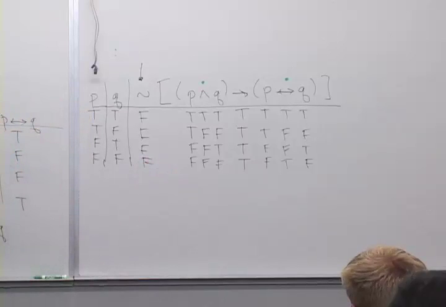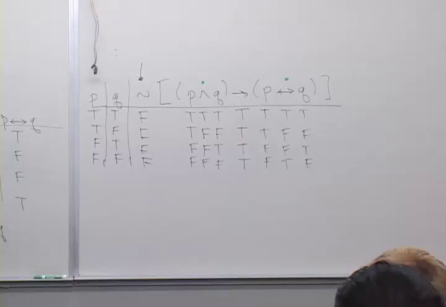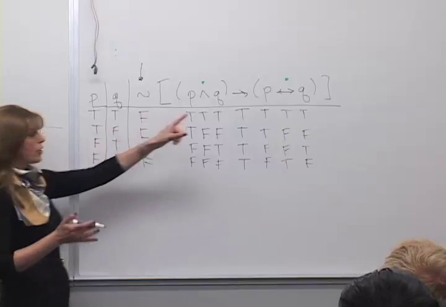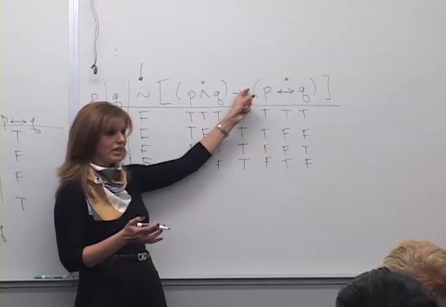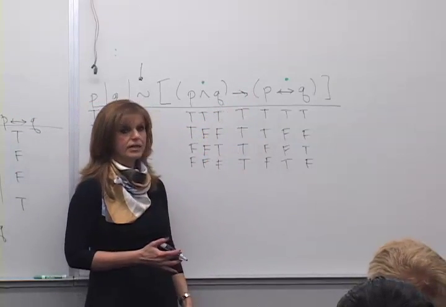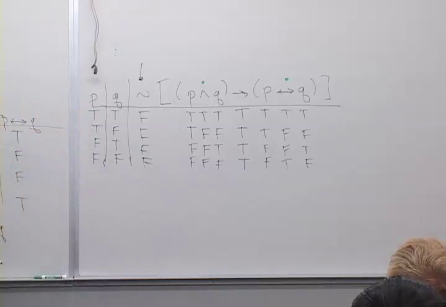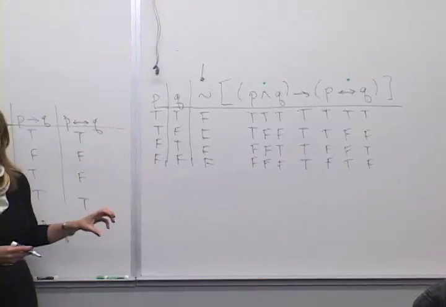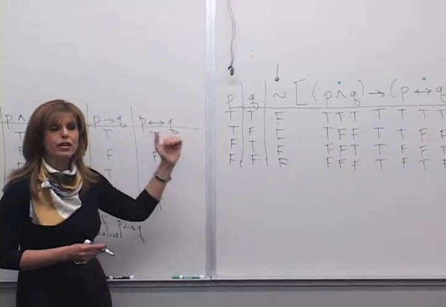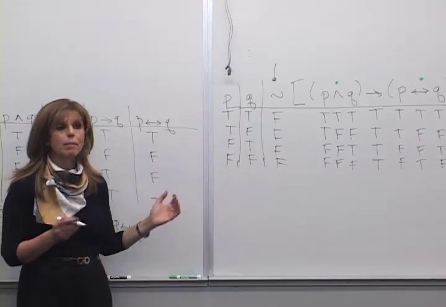So when we're looking at negation, we're looking at the middle, the conditional we did. We're looking at the last operation we did inside of our bracket, and we're negating that. What is the purpose of this whole table? The purpose of the table is to demonstrate to you every different combination of values and every truth value that you're going to get by applying this.